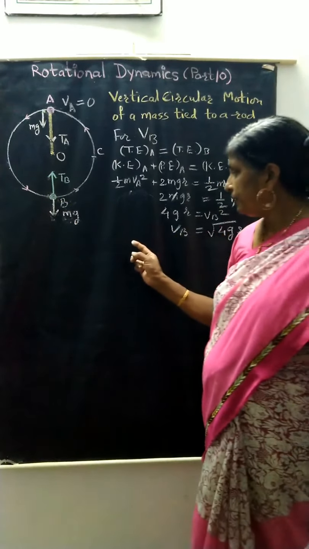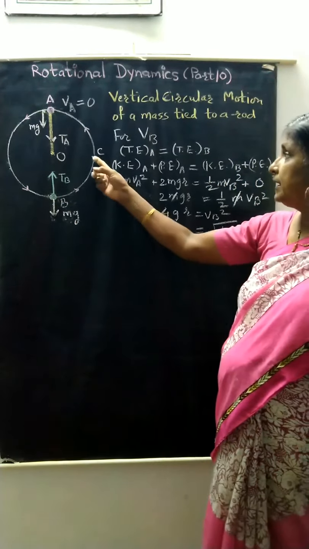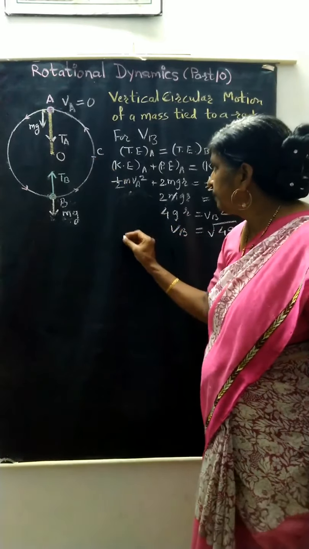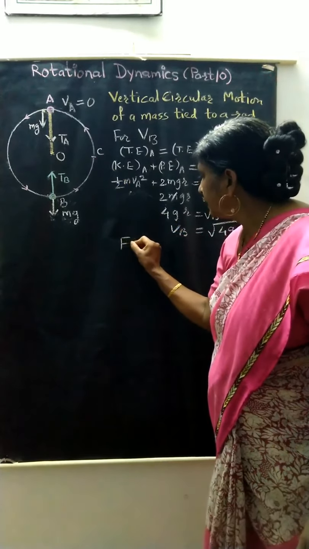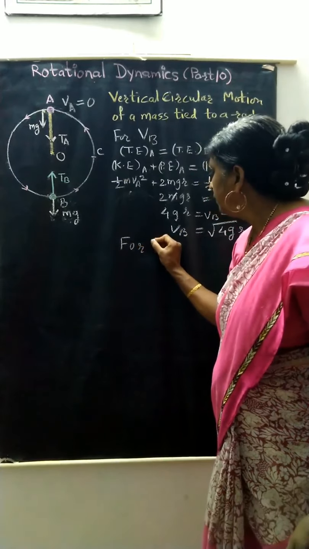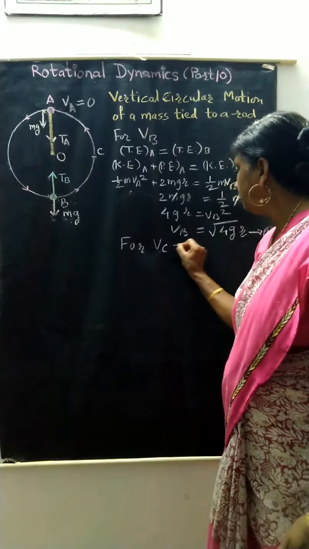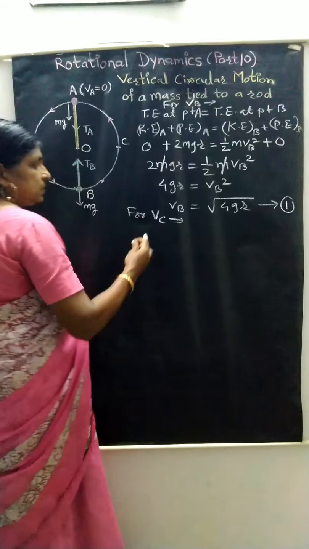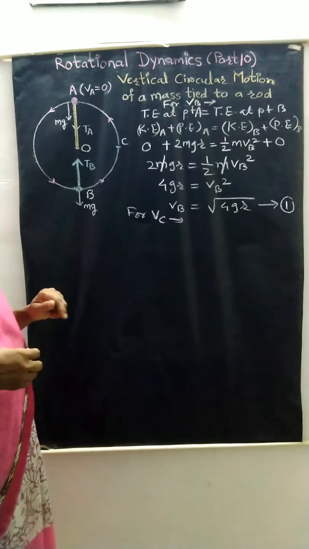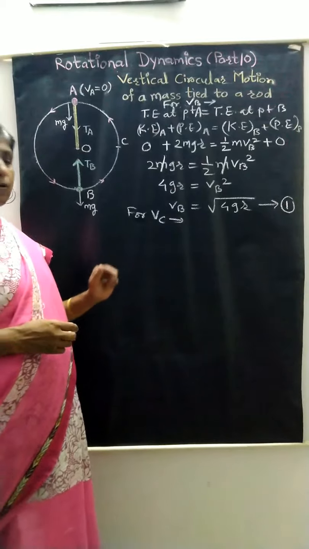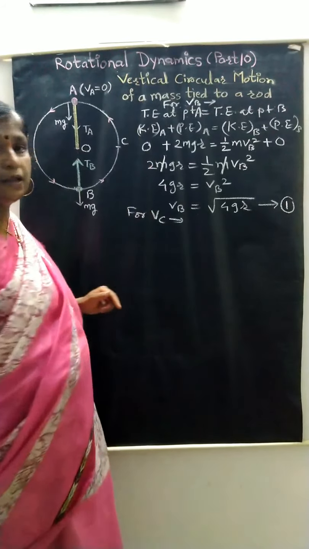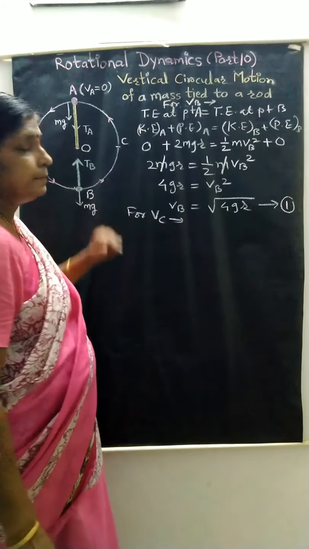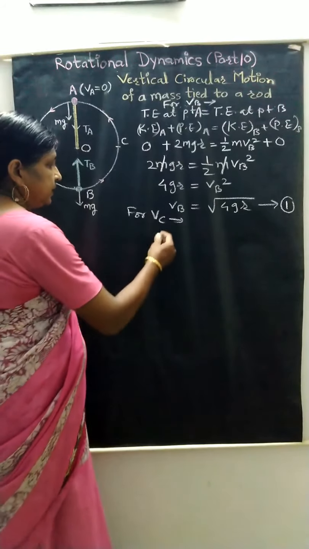Now let us calculate the velocity at point C. For Vc, now we shall derive the equation. The second equation for Vc can be obtained by again using the principle of conservation of energy.